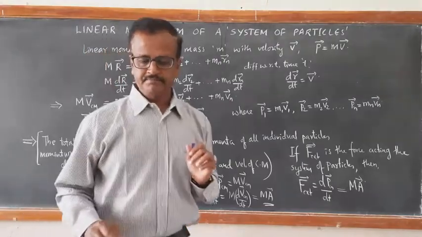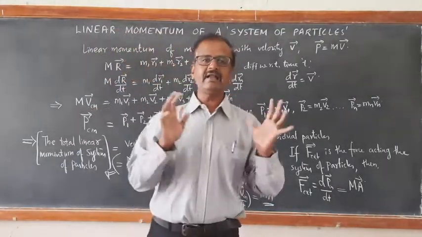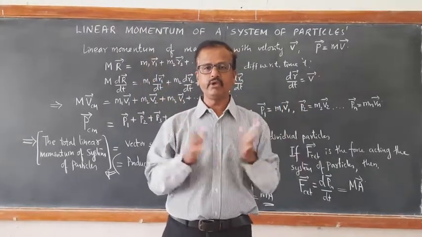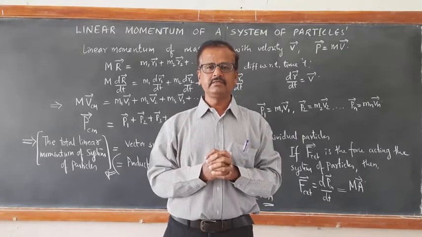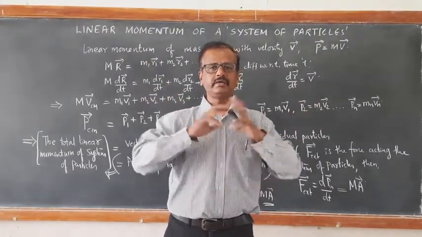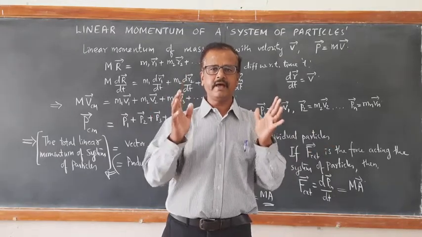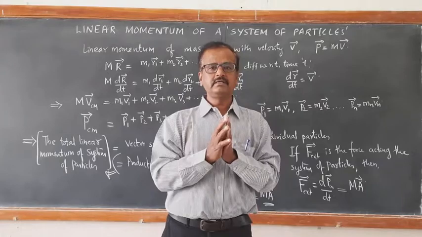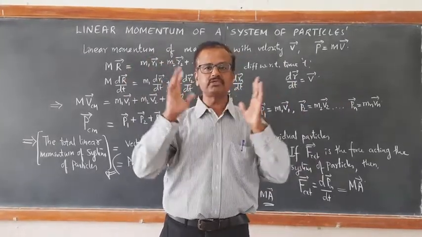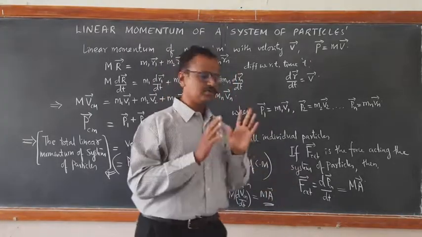Now let us say this system of particles is in an isolated system. What do you mean by isolated system? If there is no external force acting, not even gravity. If a system is there having n number of particles in an isolated system where there is no external force acting on it, then F external becomes 0.